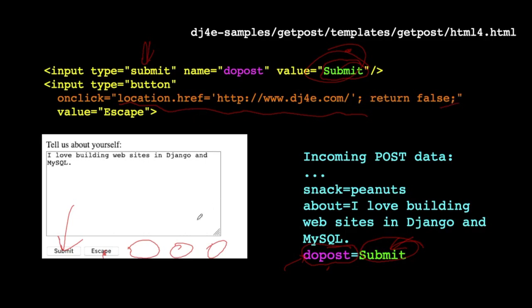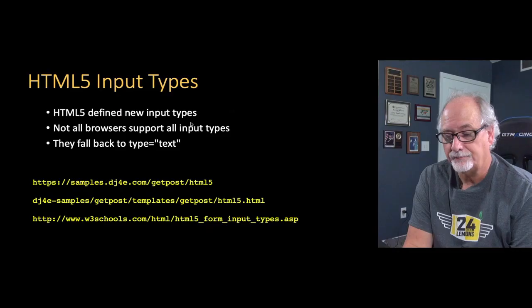What this says is, when you press this escape button, it goes up in the browser and in effect pastes this little URL into the URL bar and then hits enter, and return false keeps the form from being submitted. This is a way that I often put a simple cancel or escape or something else in a form. If I know the URL I want to go back to or go to, then you can put it in here with location.href.